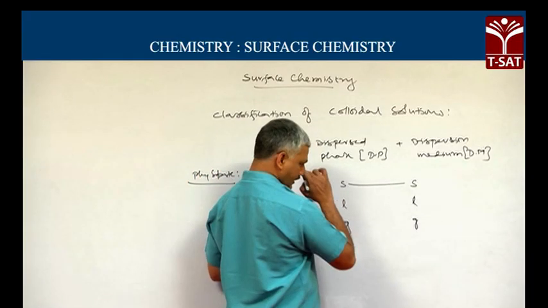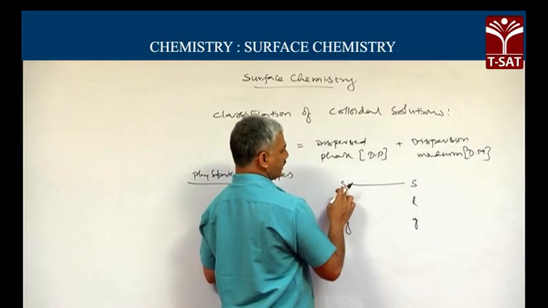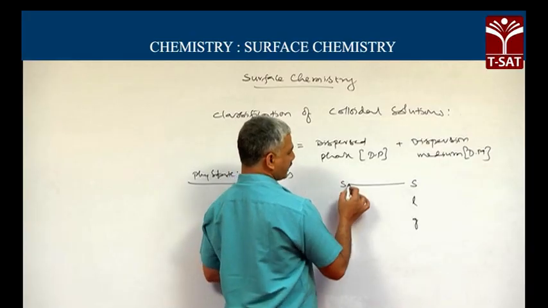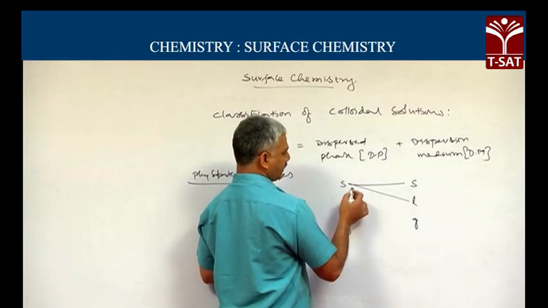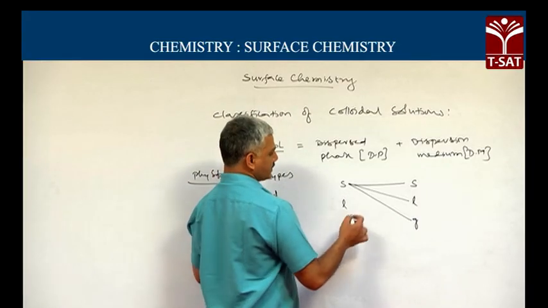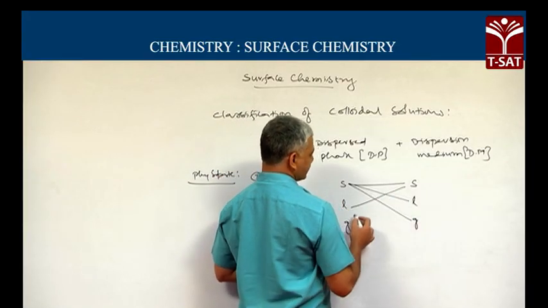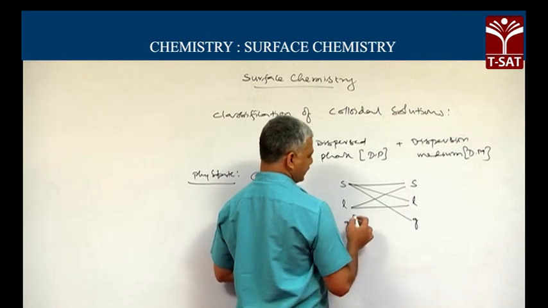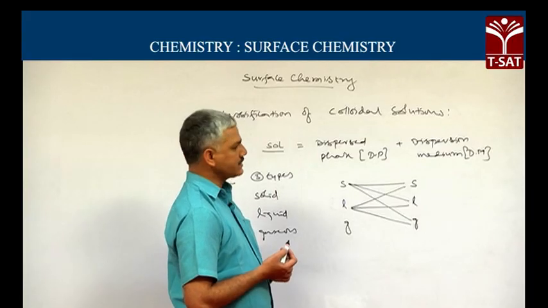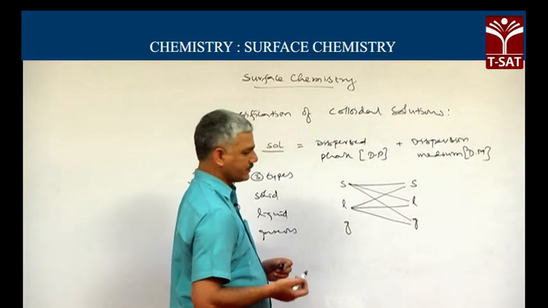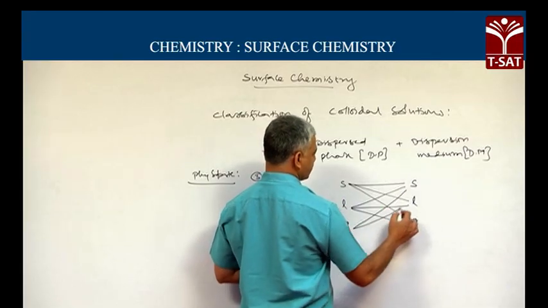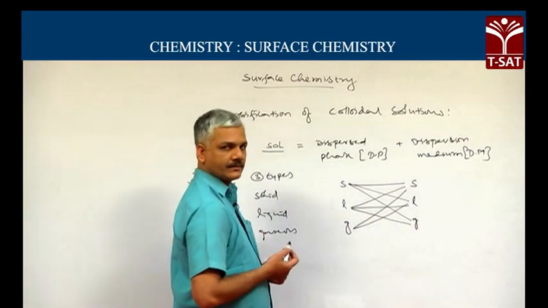So, different combinations possible are: a solid can be dissolved in another solid, solid can be dissolved in liquid, solid can be dissolved in gas. Similarly, a liquid can be dissolved in solid, liquid can be dissolved in liquid and a liquid can be dissolved in a gas to get a colloidal solution. Similarly, a gas can be dissolved in solid, gas can be dissolved in liquid.